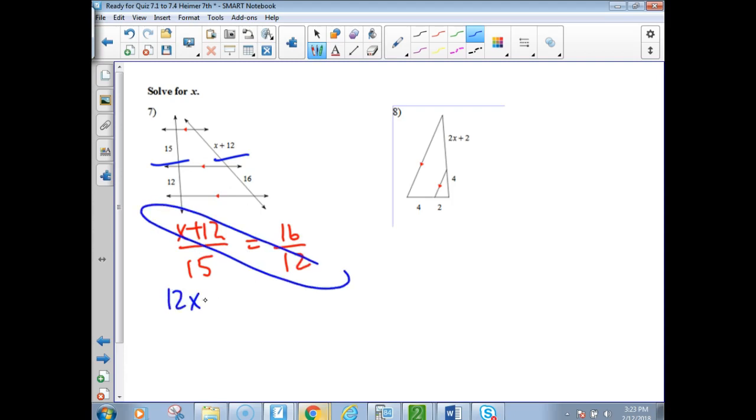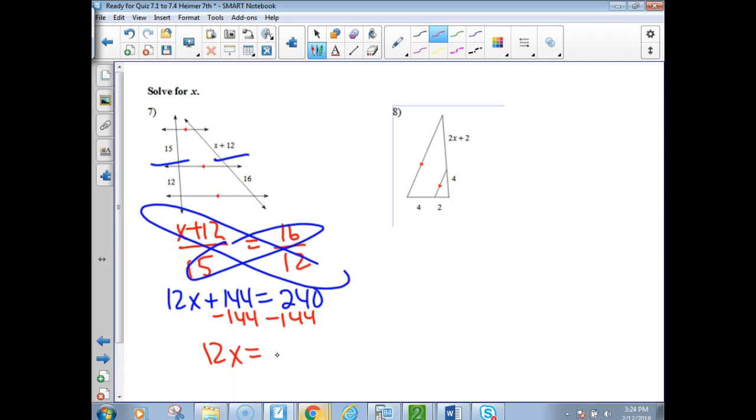So regardless of which way you set it up, 12x plus 144 equals, what's 15 times 16? 240. That'd be, yeah, 225 plus 15, 240. Okay, and then subtract 144. 12 times x is 96. All right, and then get 8 by dividing by 12.